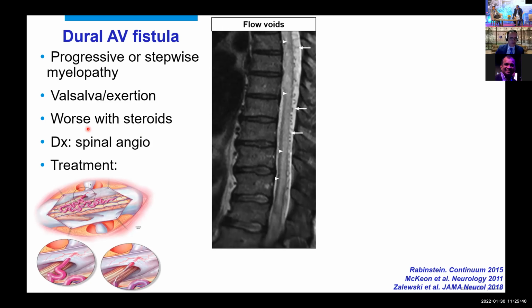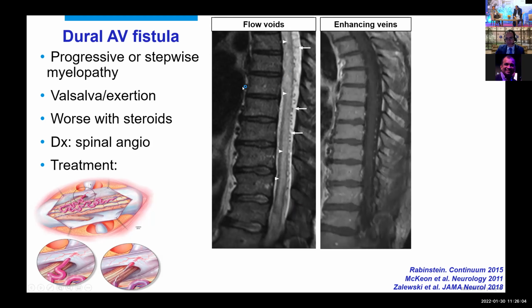And we'll often use a formal spinal angiogram to diagnose these, and they can be treated with ligation of the blood vessel, or they can be treated endovascularly during the angiogram. And one of the key features is these flow voids that you see dorsal to the cord. But really, any patient with a longitudinally extensive lesion within the thoracic cord, you want to think about a dural AV fistula. Sometimes you'll see some enhancing veins.